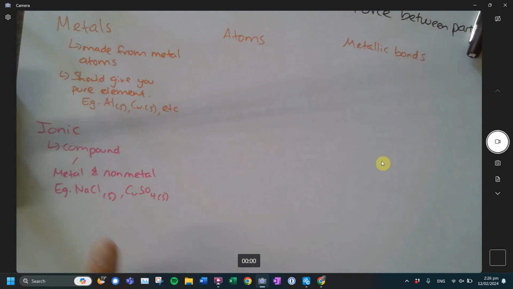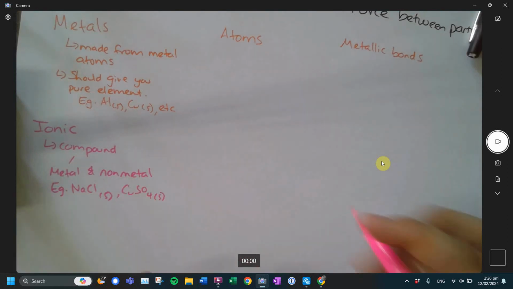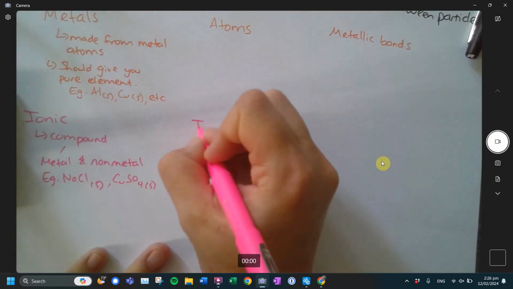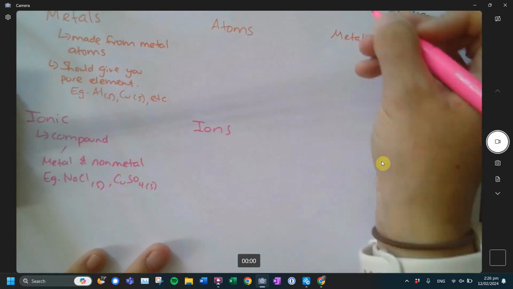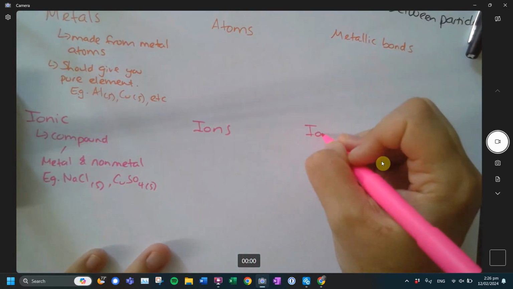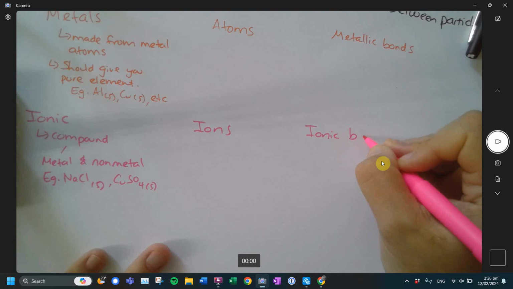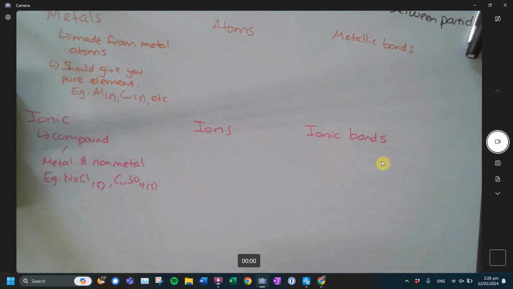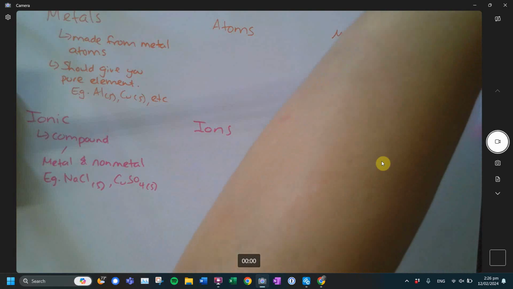So I'm looking for things that are a mixture of my metal and non-metal. If I have that mixture, I'm dealing with ions as my particles, and the force is going to be an ionic bond. So that's option number 2.